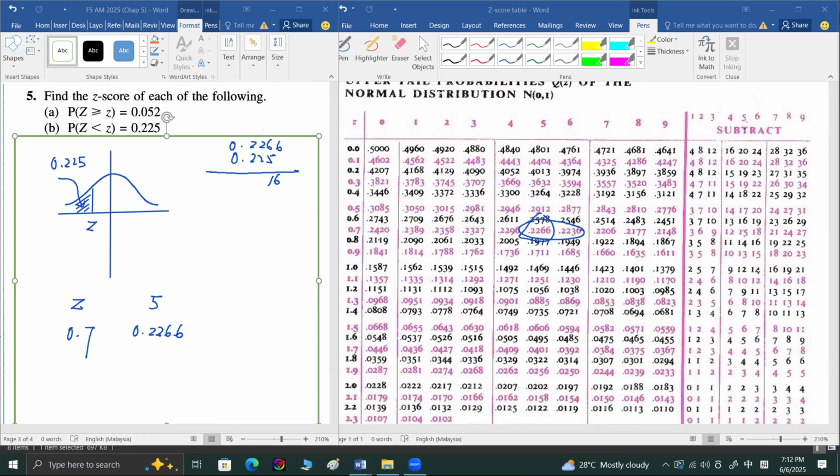Then we don't have 16. We have 15, we have 18. So we don't have 16 in class. I get the nearest one, 15. See, the nearest one, 15. So I refer here, 5. Can you see 5? Because for 16, I get the nearest one. Okay, now I can read the answer already, class. To get Z, see, 0.755.